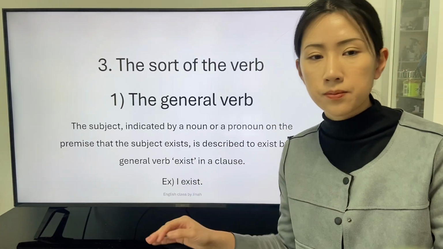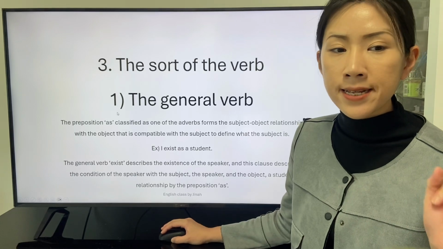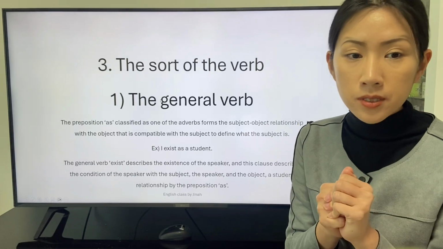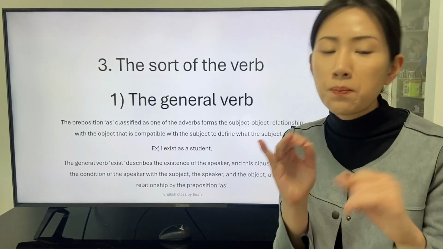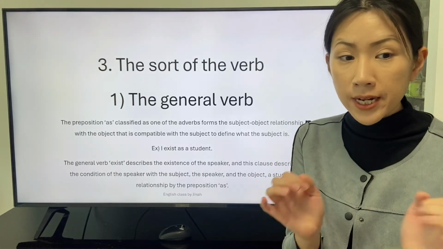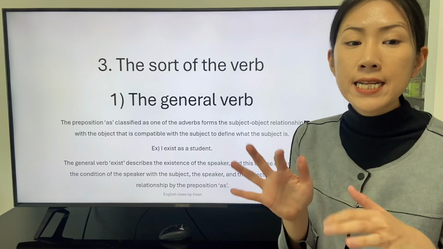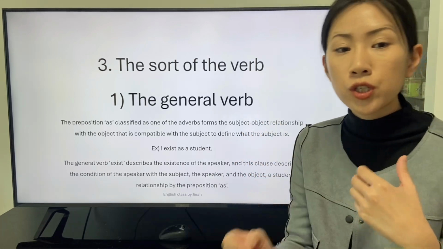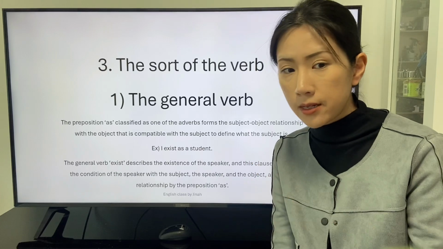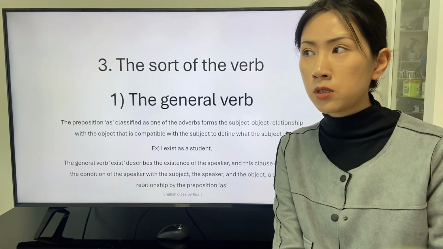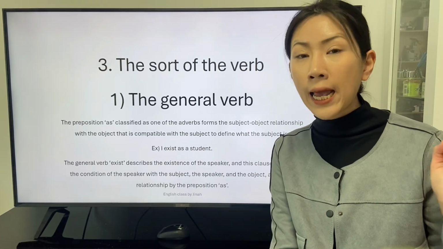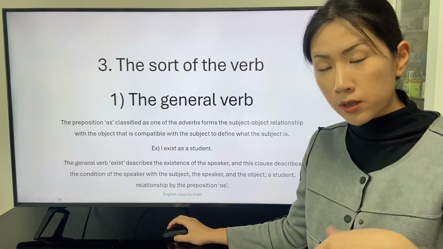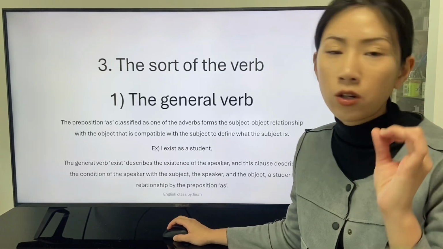are different. The preposition as, classified as one of the adverbs, forms the subject-object relationship with the object that is compatible with the subject to define what the subject is. We study about a preposition as preceded to the class about the adverb.